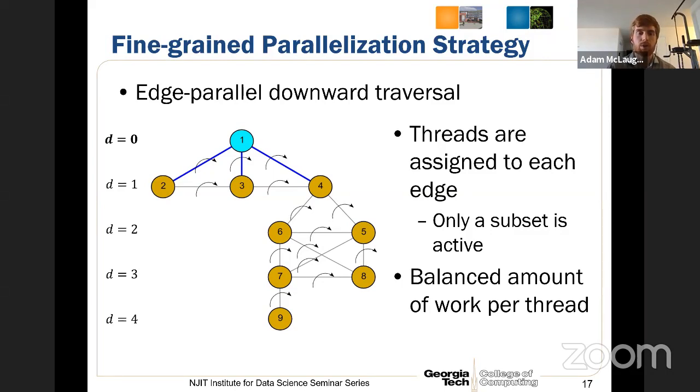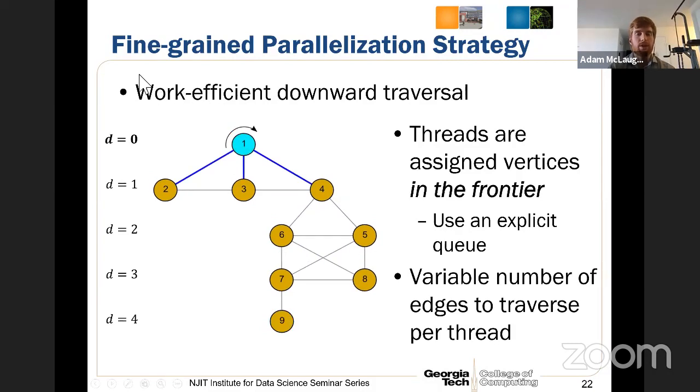The work that needs to be done will be evenly distributed. The disadvantage here is that there are typically many more edges in the graph than nodes, especially in practice. So you have even more threads now that are looking at edges that don't actually require any work. So there's a little more wasted work there too. But at least the work between threads is balanced.